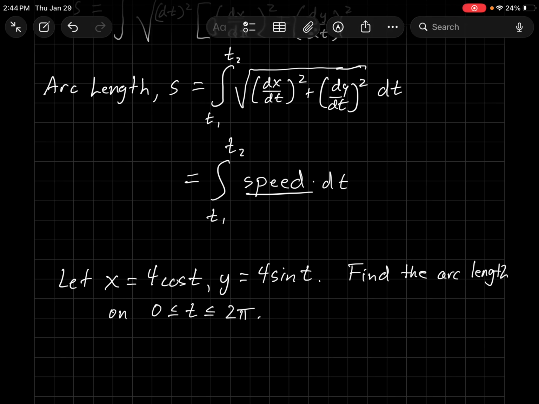So how do we find the arc length? Well, I need to find dx dt, which is negative 4 sine t. And I need to find dy dt, which is 4 cosine t.